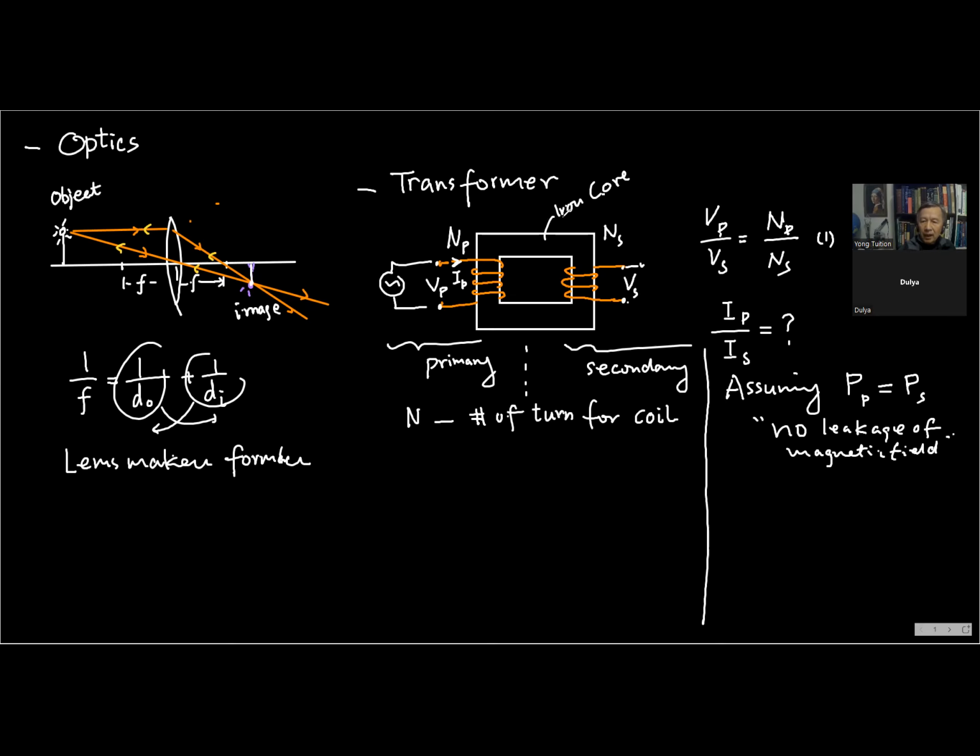Because of the coil, the field prefers to go through this metal core to form a loop. Can you see that? So this is a magnetic field. Of course, they change direction periodically. But that is how you draw the magnetic field in the transformer.